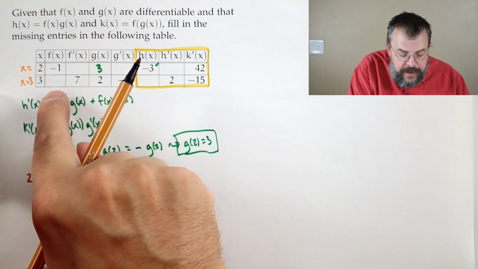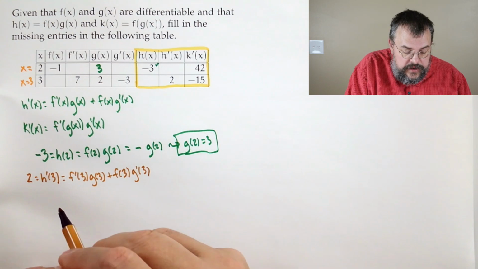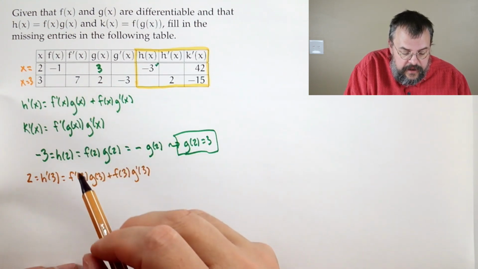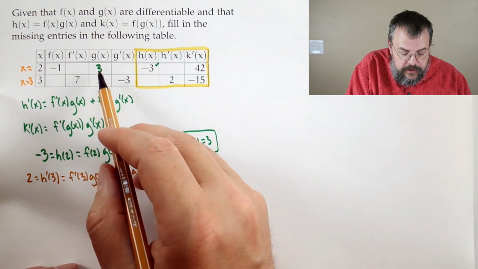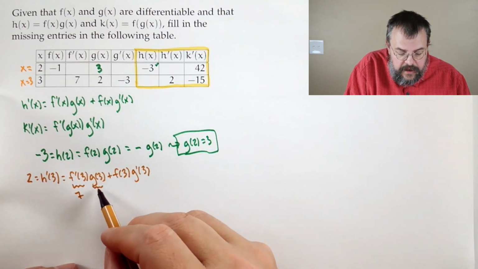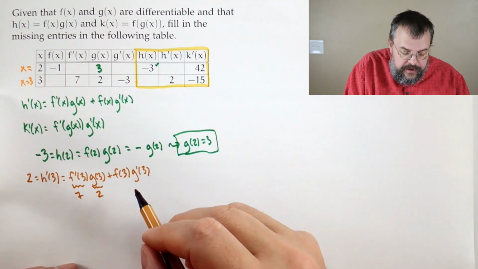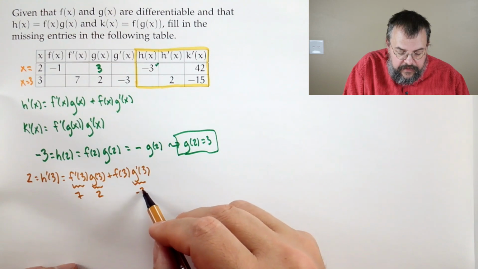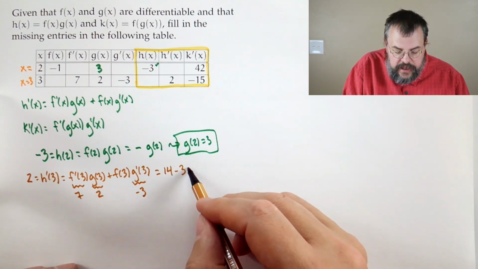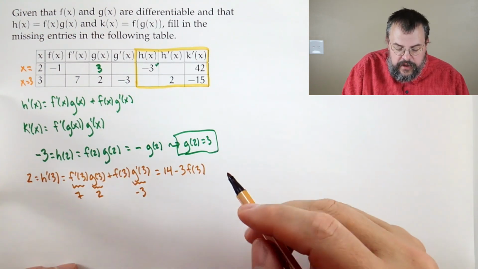But I have a lot of information about what happens at 3. So let's put in what we know. For instance, f prime of 3 is 7, and g of 3 is 2. So this will be 7, this will be 2. F of 3, that's missing. G prime of 3, that's not missing, that's negative 3. So this is 14 minus 3 f of 3. And again, that equals 2.